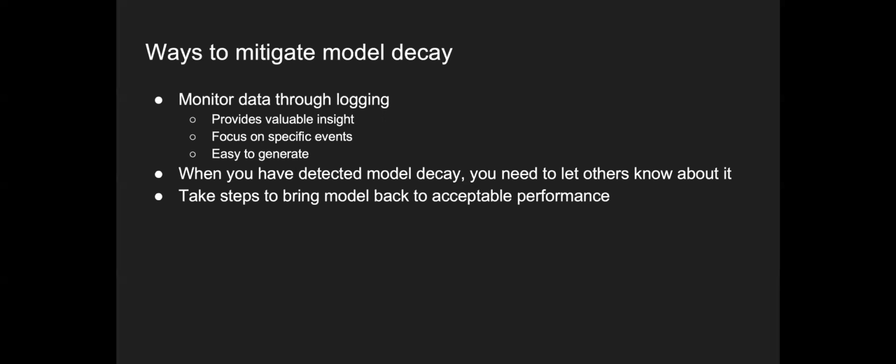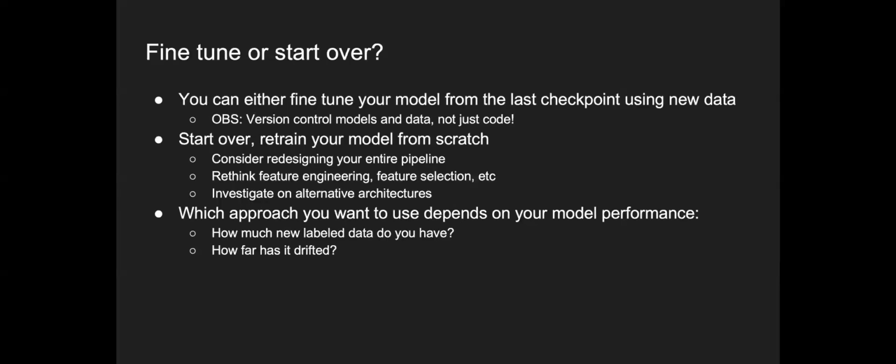When you have detected model decay, you need to let others know about it and take steps to bring your model back to an acceptable performance. You can do this by either fine-tuning it from the last checkpoint using new data, or starting over. The important thing here is that you have to have version control on your models and data, and not only the code.